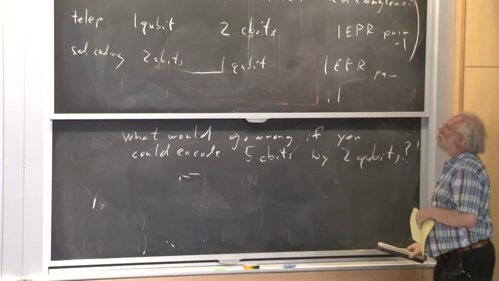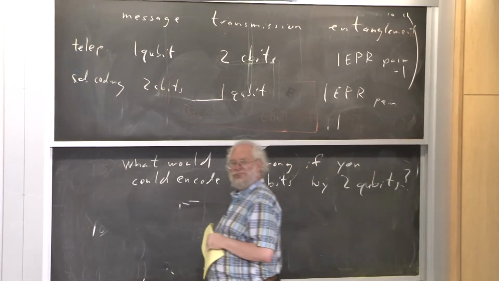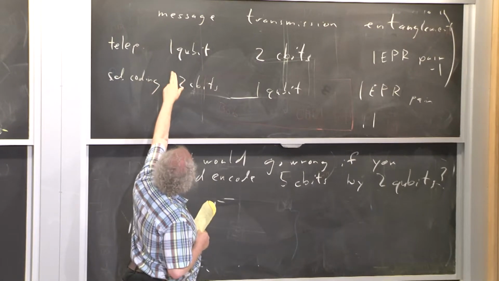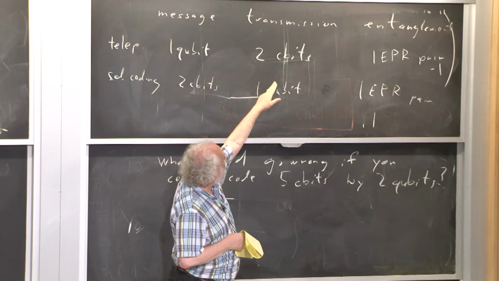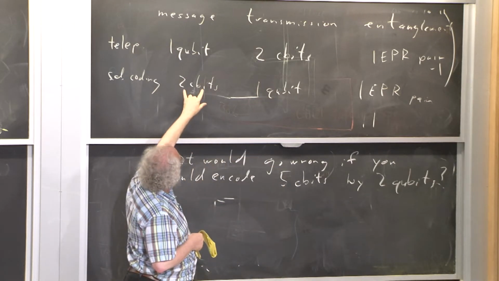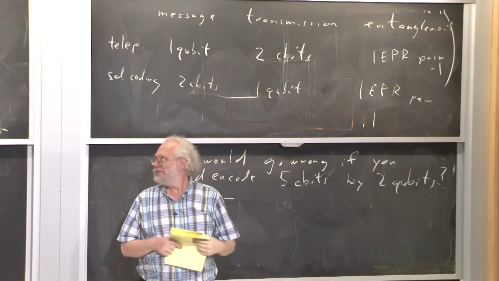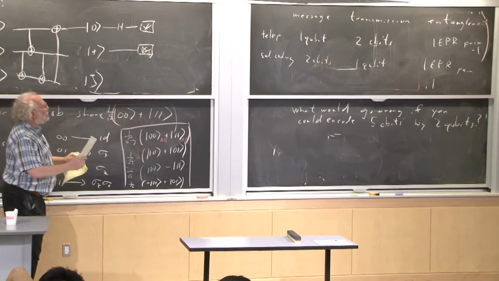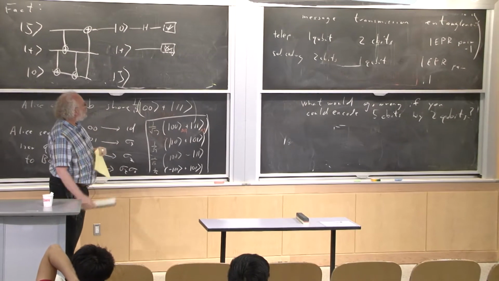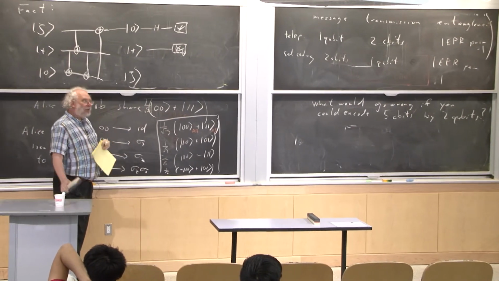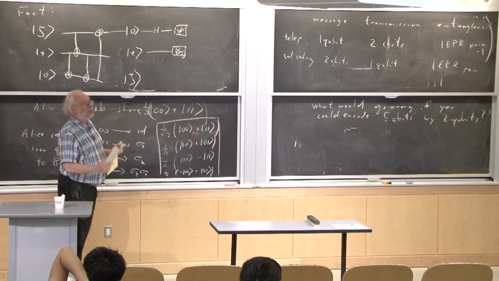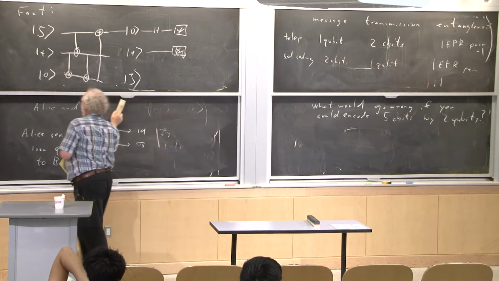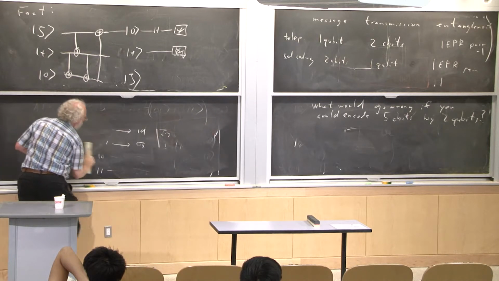Well, think about this. You can take 1 qubit to 2 classical bits, and then you can re-encode 2 classical bits with 1 qubit. And so if you first apply superdense coding and then teleportation, you actually haven't done anything. You're sending 2 classical bits using 2 classical bits. But what would happen if you could do better?